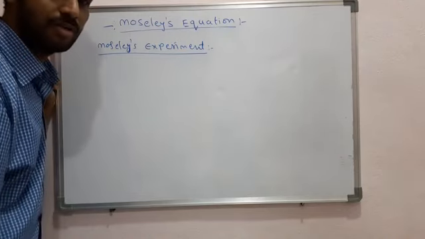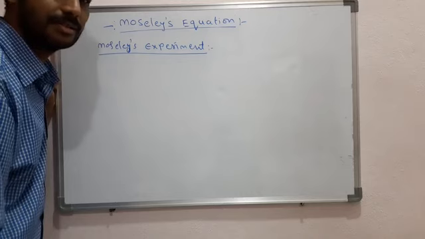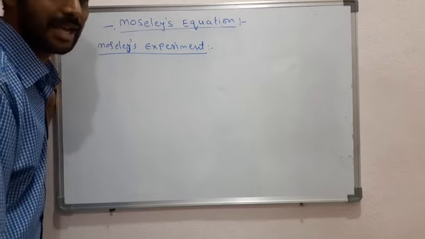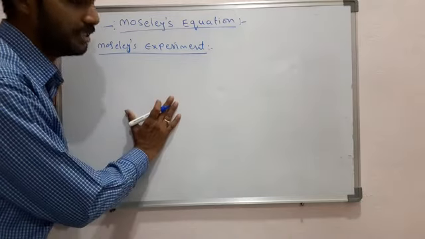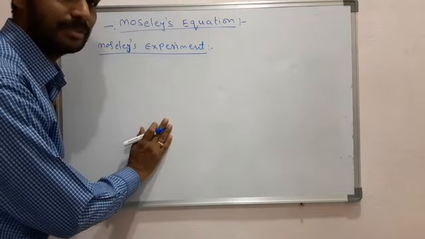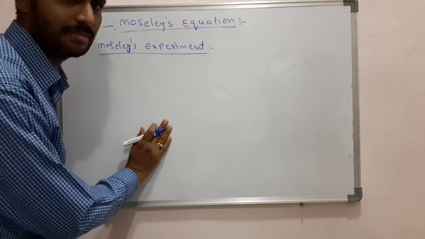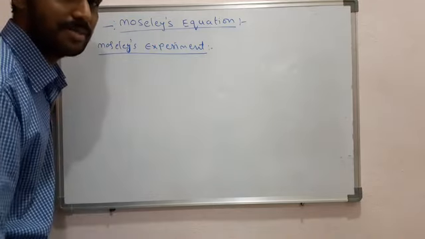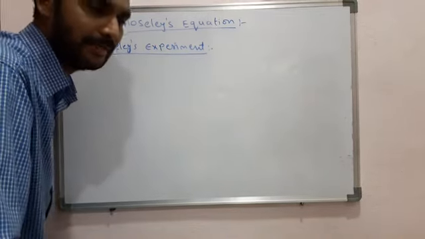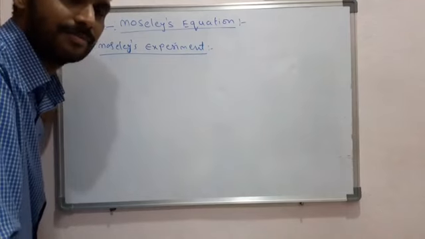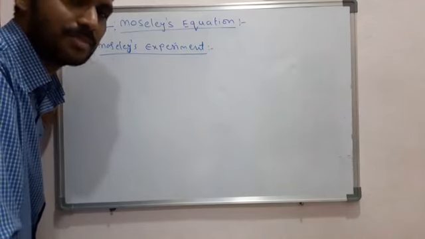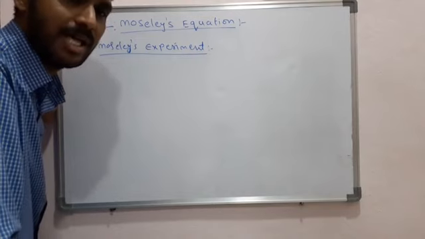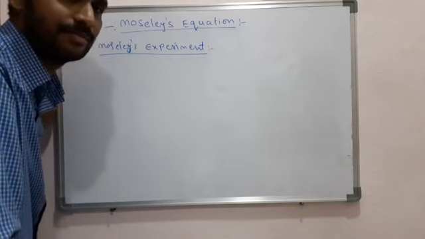Just at the age of 25 years, when he was treated as a young scientist, he introduced this new concept and proved that atomic number is the more fundamental property of elements, which totally collapsed the concept of atomic weight given by Mendeleev and other scientists.